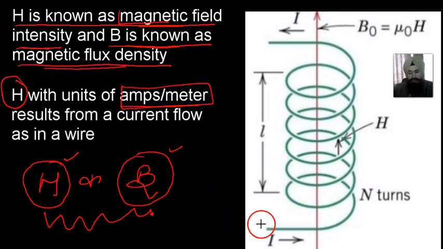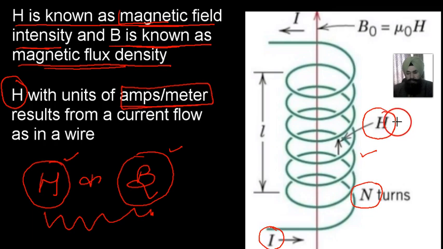For example, this is a coil having N turns. Current I is flowing through it. Now the coil will produce magnetic field intensity H. How much?